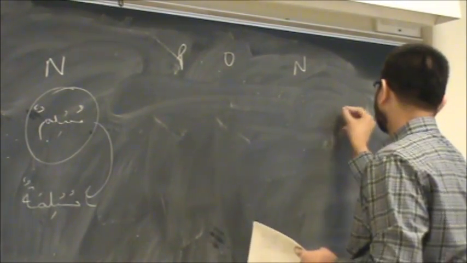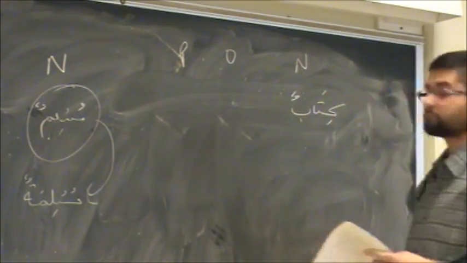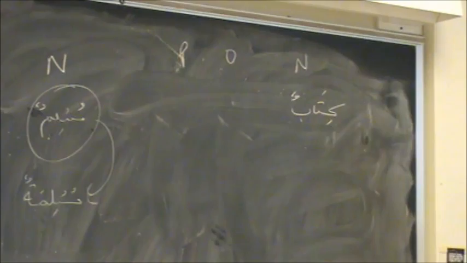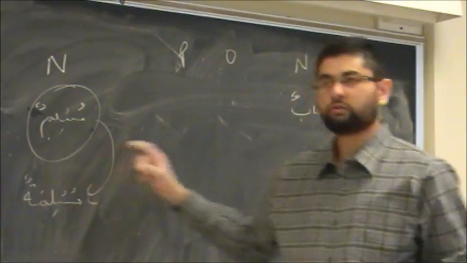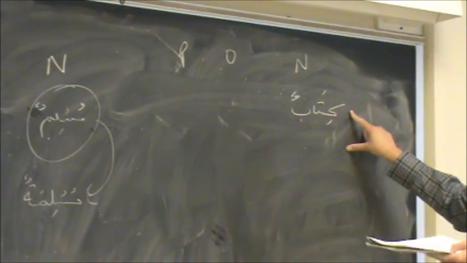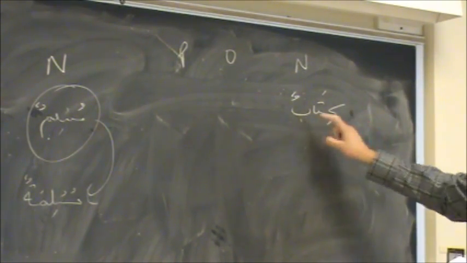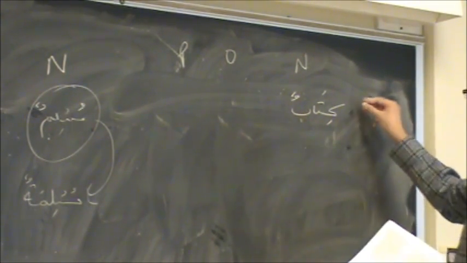Now let's take one unreal. A noun with unreal gender, like kitabun. Okay? Kitabun does not have any identification to recognize it as feminine. And it does not have a gender, we know. Book does not have a gender.